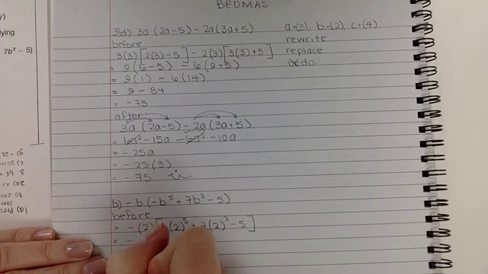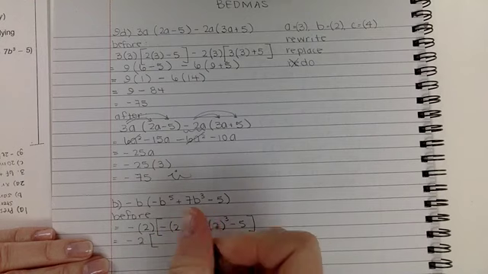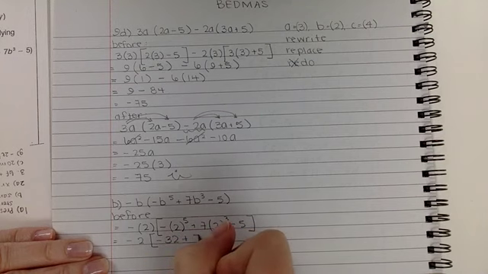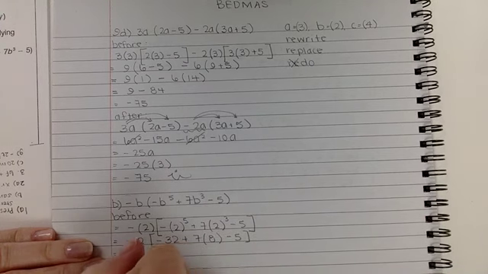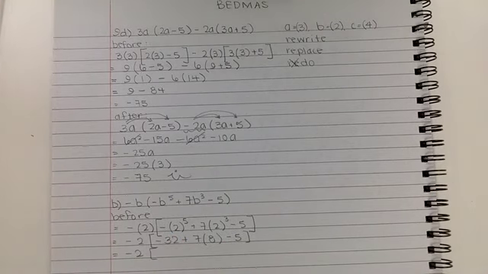And now I solve negative 2, and then in brackets, this will be negative 32 plus 7 times 8 minus 5, equals negative 2 times, and then I can do this on my calculator.